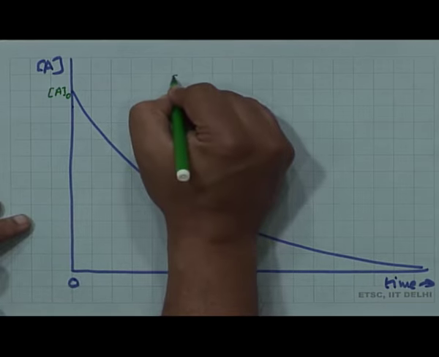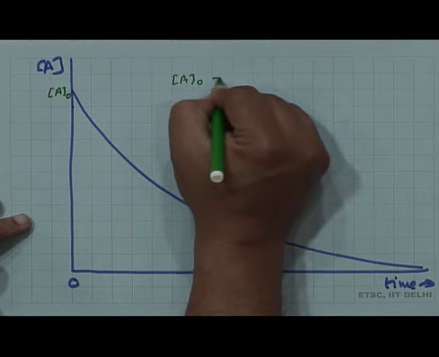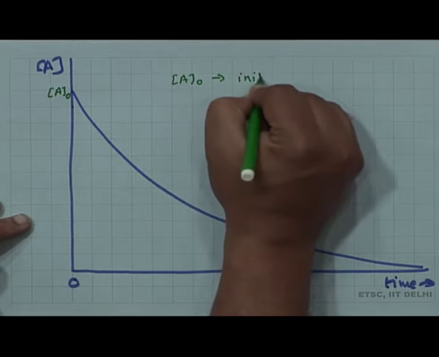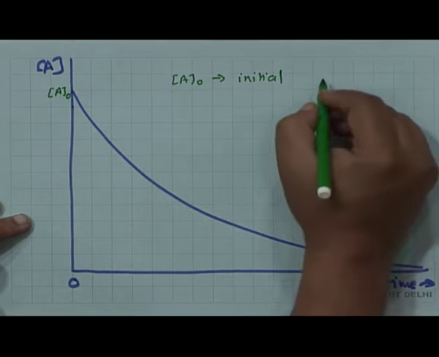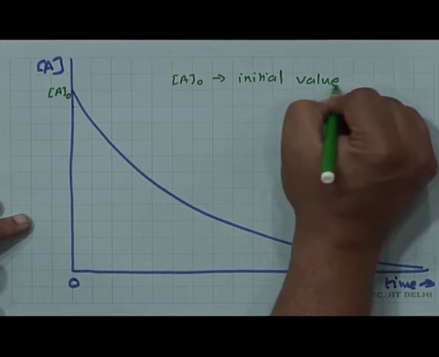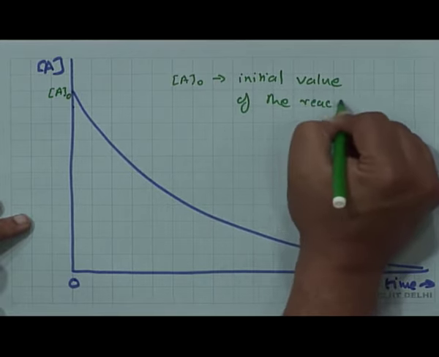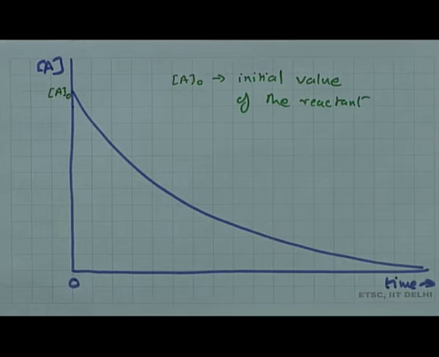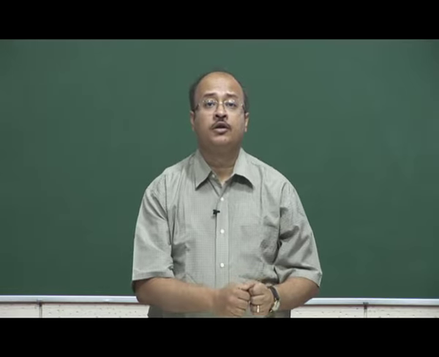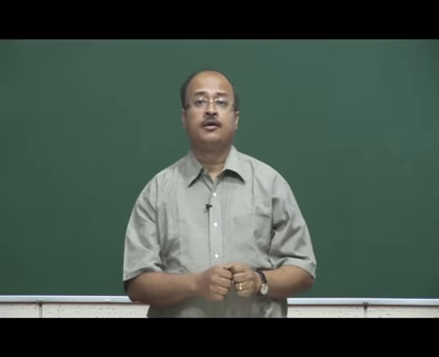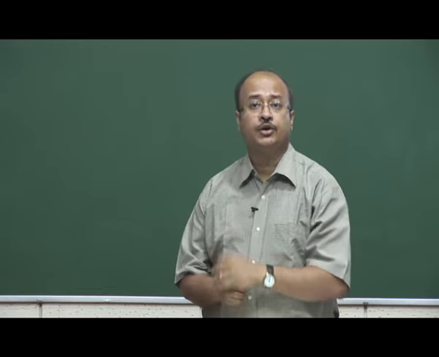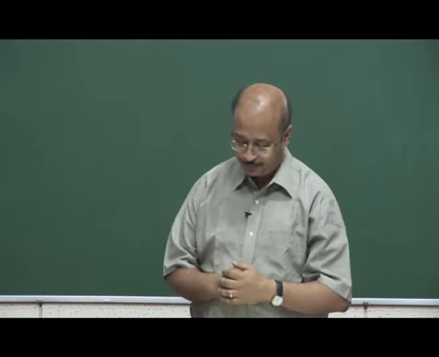A 0 is the initial value of the reactant. That means at the moment the reaction is starting, the value of this reactant is A 0, as 0 refers to time 0.